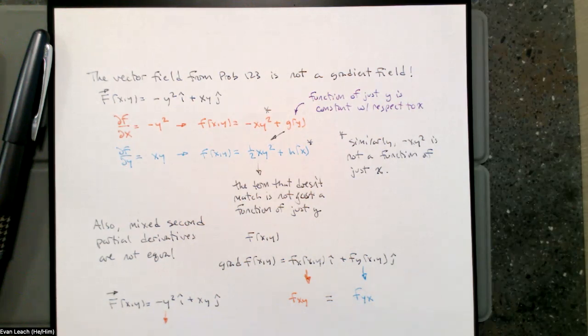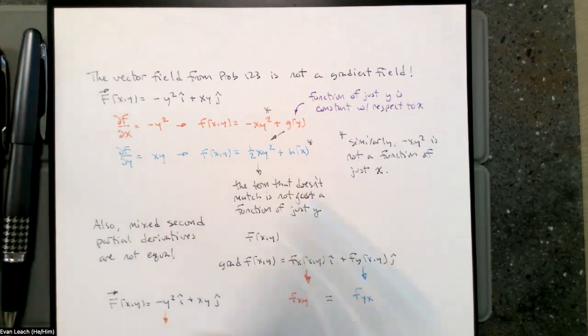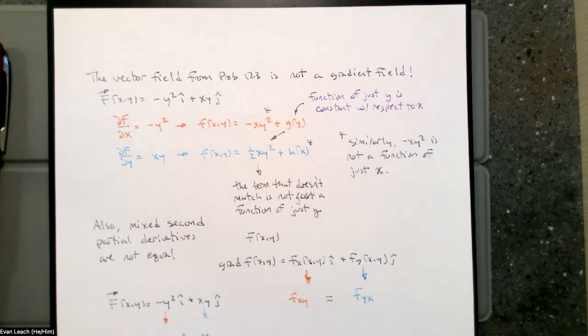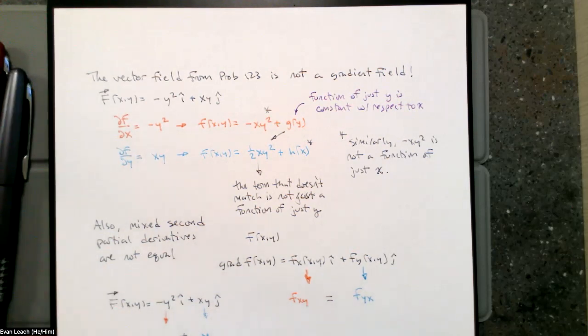We get 0. But over on the other component, if we look at x y and take the partial with respect to x, we get y, and these two things are not the same. So there is no potential function f.